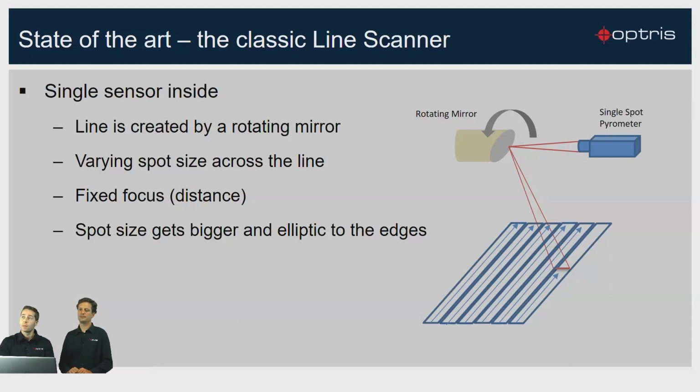You can see it here as animation. As you can see in the classic line scanner, depending on the position of the spot, you have different spot sizes and also different shapes of the spot.